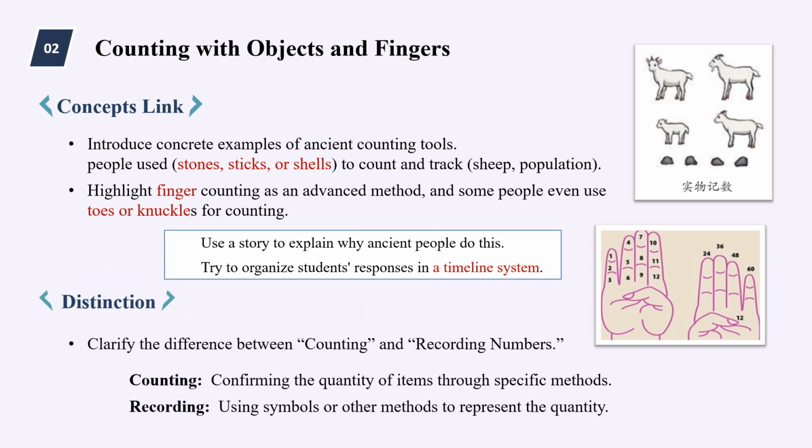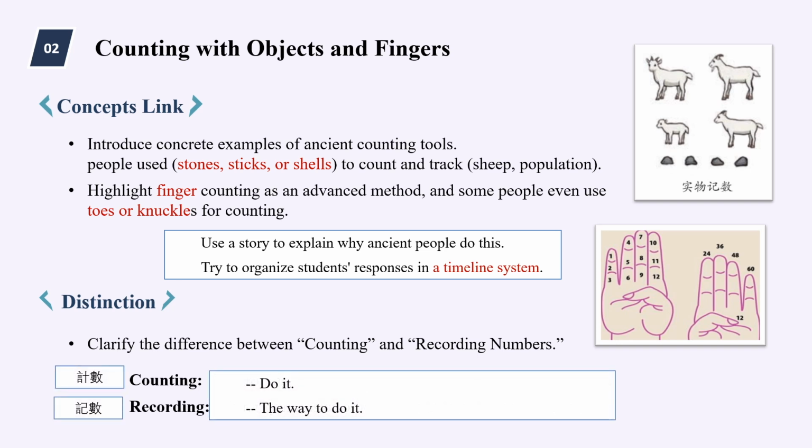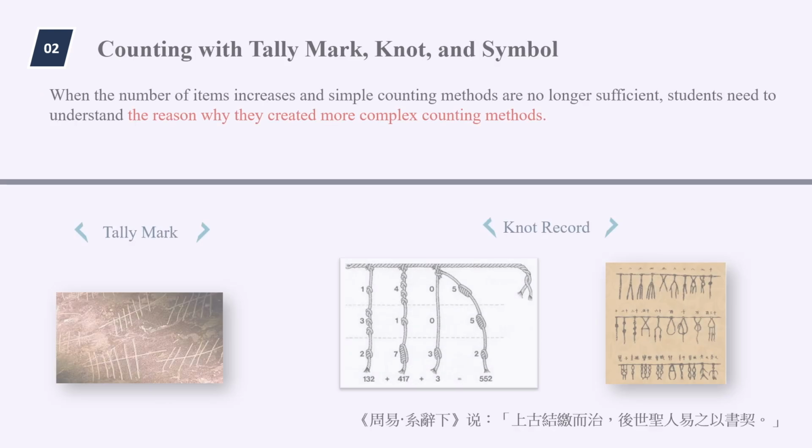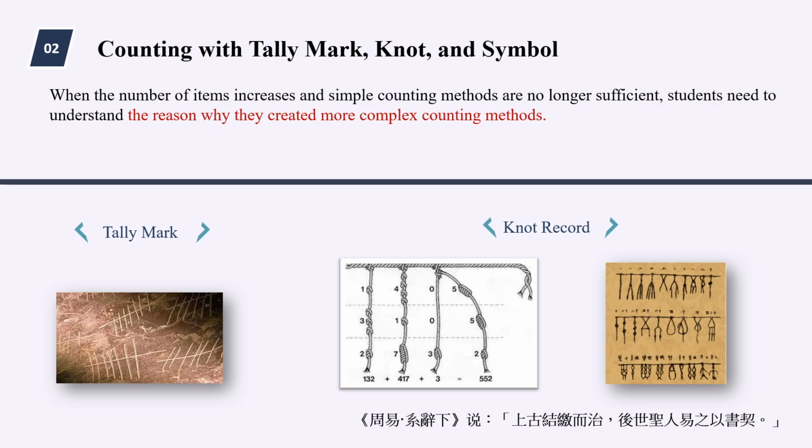We also explain the difference between counting and recorded numbers, because they sound the same in Chinese, but they have different meanings. Next, we introduce tally marks, notes on strings, and symbols to show how ancient people moved from simple counting to more complex methods.